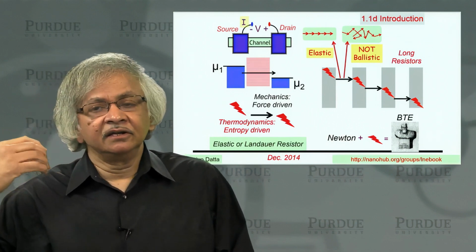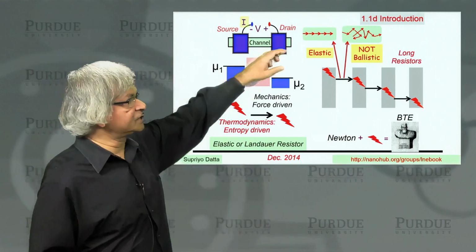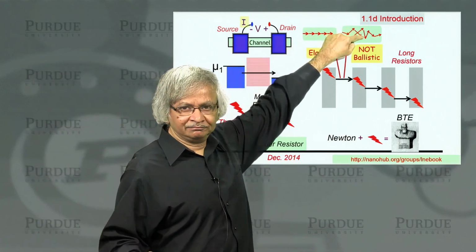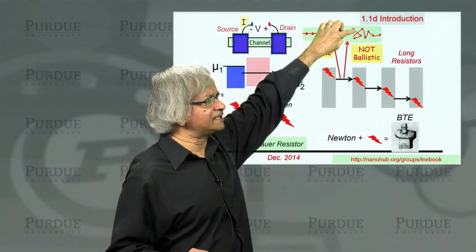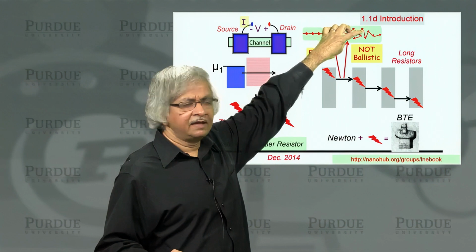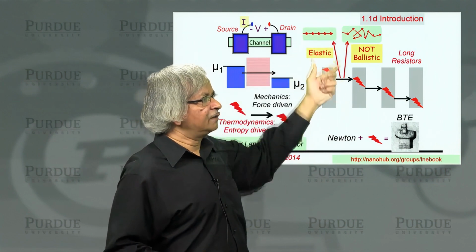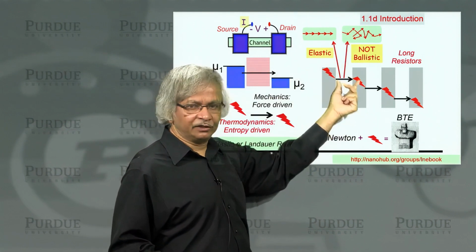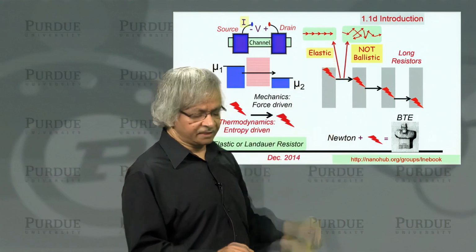Ballistic means there is no loss of momentum. But you could have electrons knocking around like this, losing lots of momentum, but not losing any energy. So all these could be elastic processes conceptually. And that's the picture we use to get the results for diffusive transport. We assume it's elastic over one of these small units, but not necessarily ballistic.